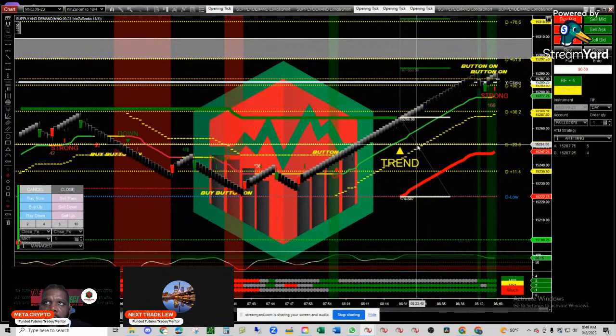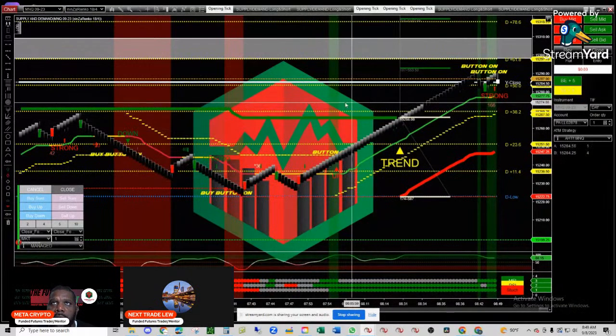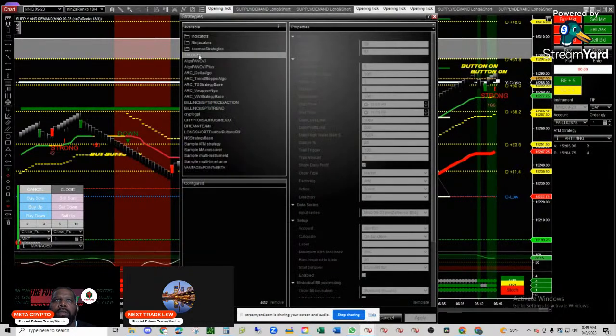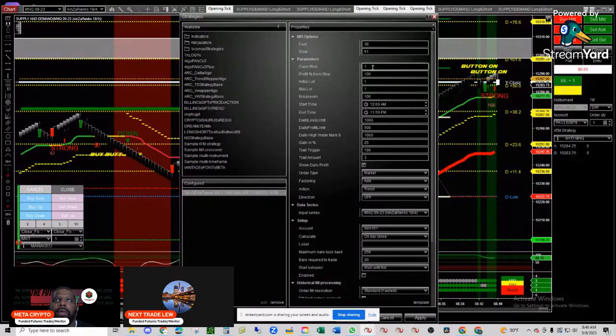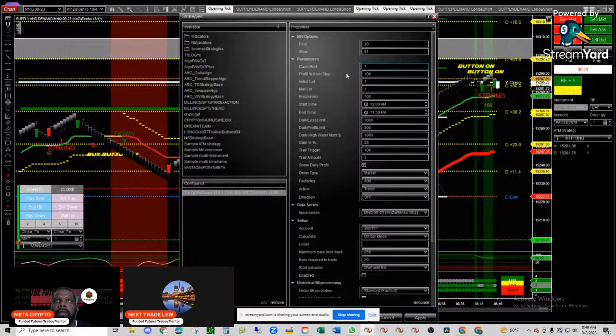So we're risking $87 per trend trade. We're going to put the strategy on. We're going to put our cash risk at 1 because I only want to take 1 micro per trend trade, right?